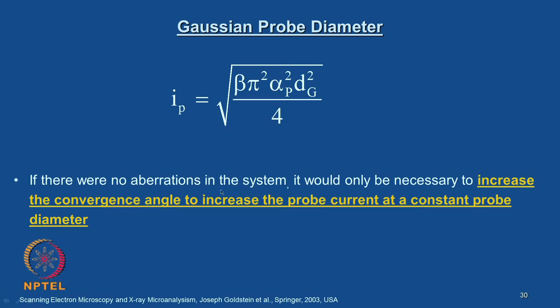If there were no aberrations in the system, it would only be necessary to increase the convergent angle to increase the probe current at a constant probe diameter. See why we talked about this Gaussian probe diameter, because this is the one which we will start with to mathematically quantify, assuming there is no aberration at all, but eventually that is not going to be the case.